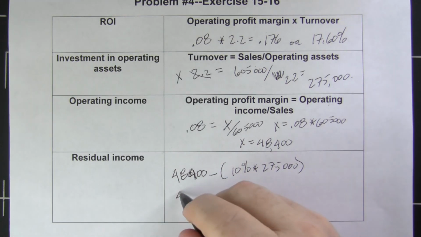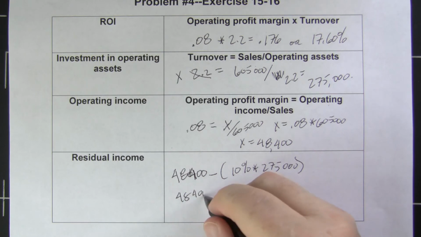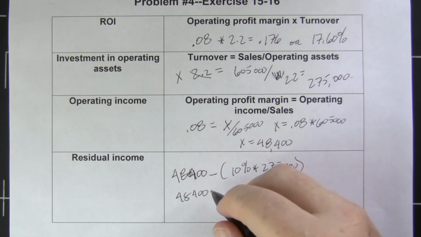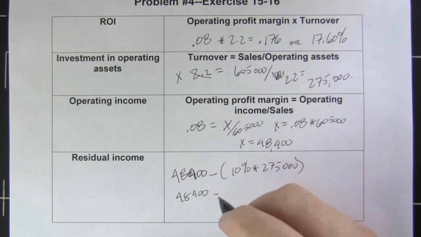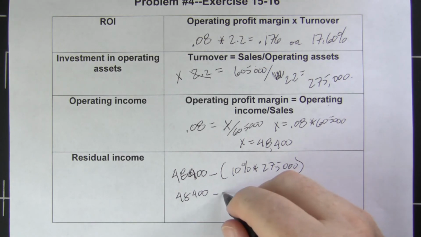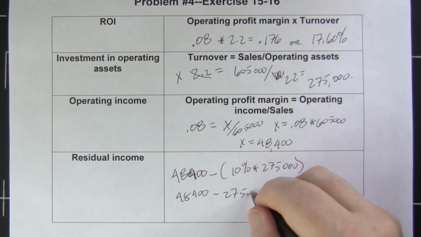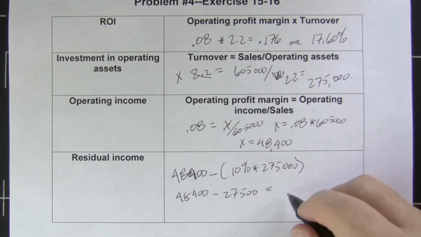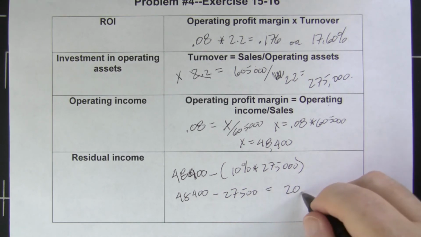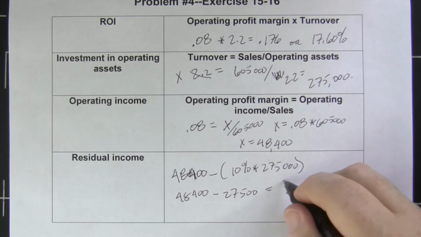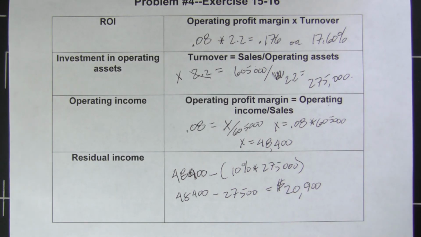So 48,400 minus 27,500. Our residual income, 20,900.